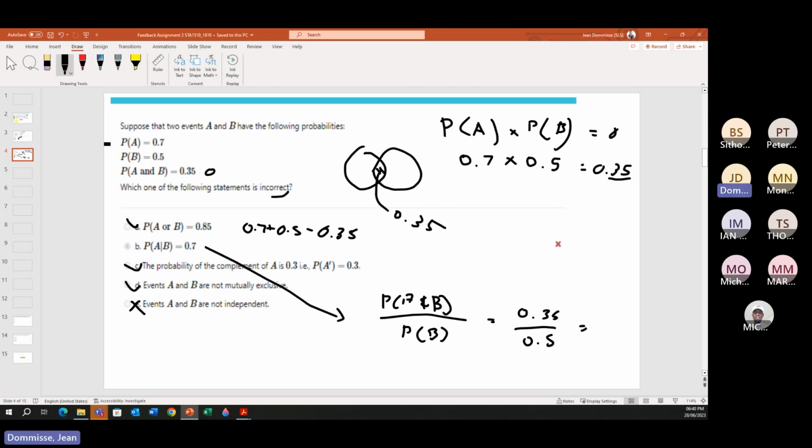So 0.35 divided by 0.5 is equal to 0.7. Okay, so in this instance, all of them were correct except your last one, for independence.